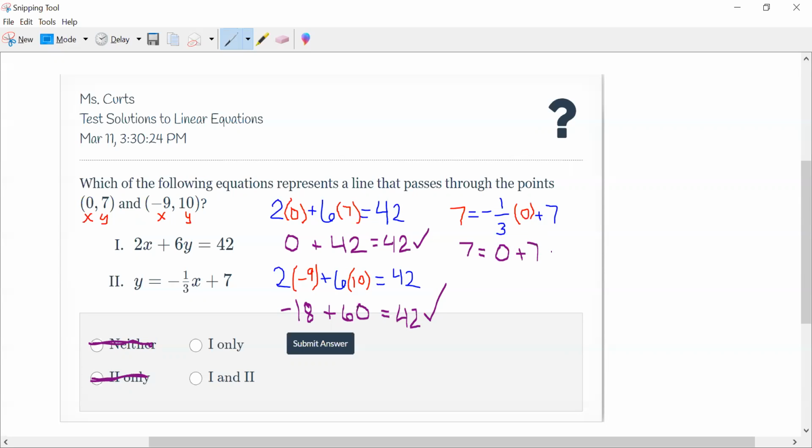So 7 equals 0 plus 7. Boom, works for me. And this is the final question. If it works for this, then it's 1 and 2. If it doesn't work for this, then it's 1 only.